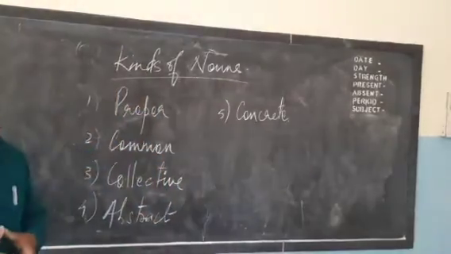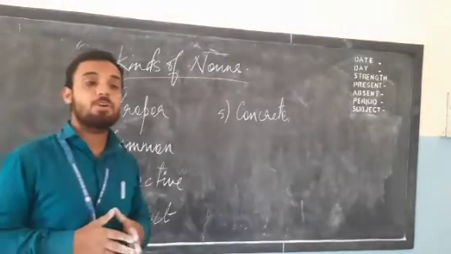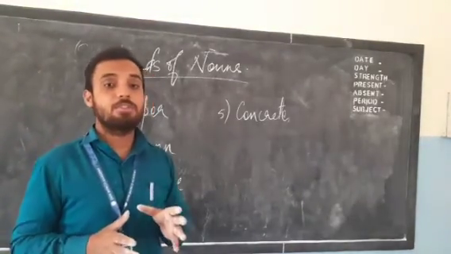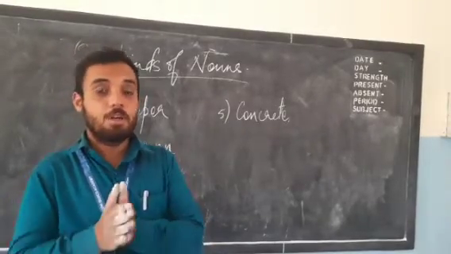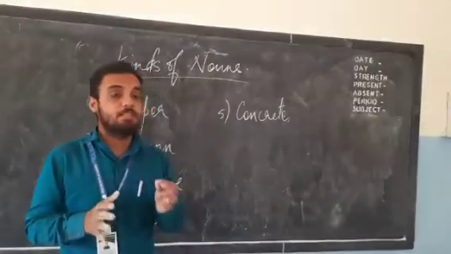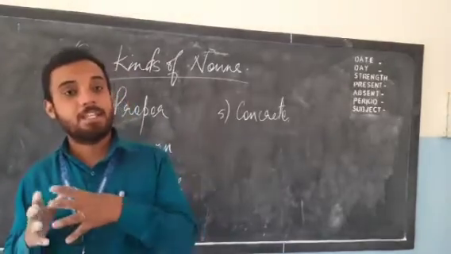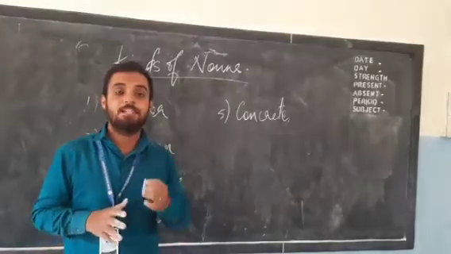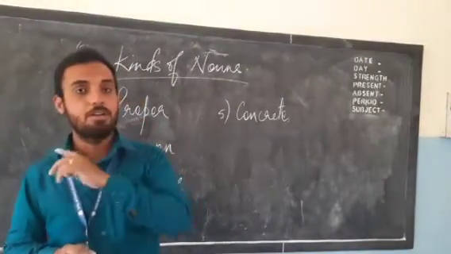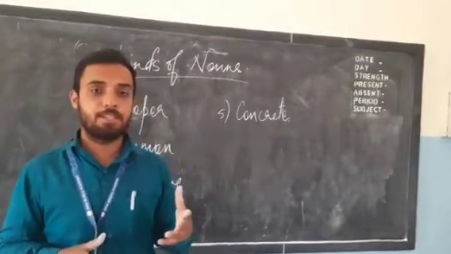The last one is concrete noun. What is a concrete noun? Concrete nouns have a material form. Now what is material form? Things which can be experienced through our five senses. Now what are these five senses?